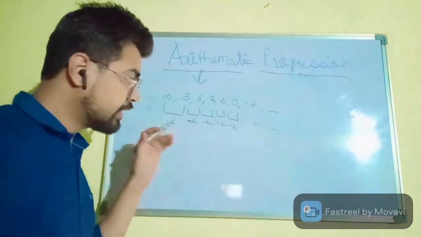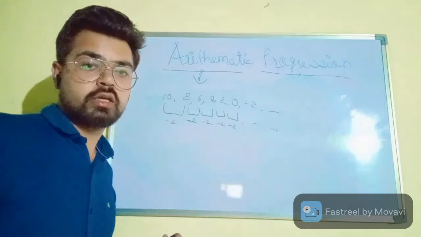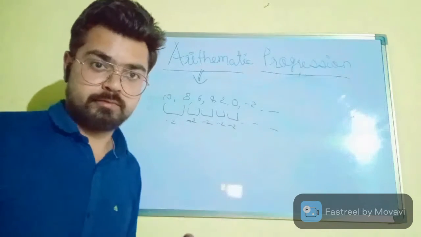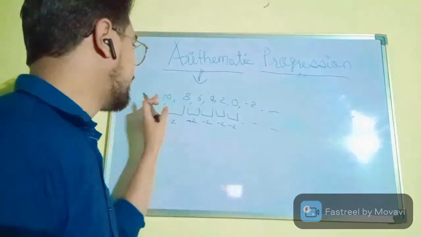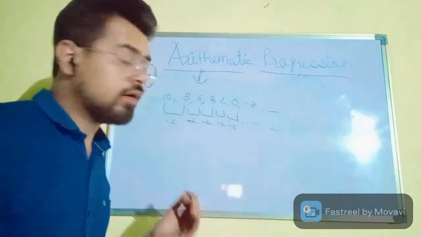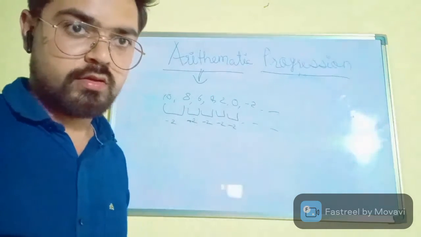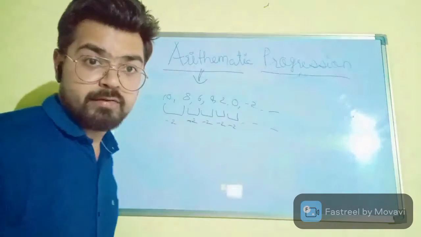Here we can see a progression which is decreasing. You see 10, then 8, then 6, then 4, then 2. So this sequence has a negative common difference. Okay, so common difference I told.